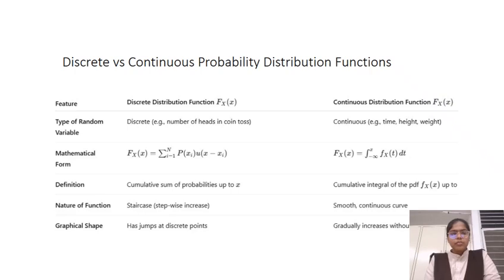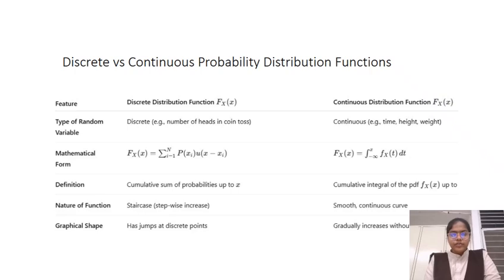Mathematical form: for the discrete distribution function, F_X(x) = sum from i = 1 to n of P(xi) u(x - xi). For the continuous distribution function, we can write it as F_X(x) = integral from minus infinity to x of f_X(t) dt. The definition for the discrete distribution function is the cumulative sum of probabilities up to x, and the continuous distribution is the cumulative integral of the PDF f_X(x) up to x.